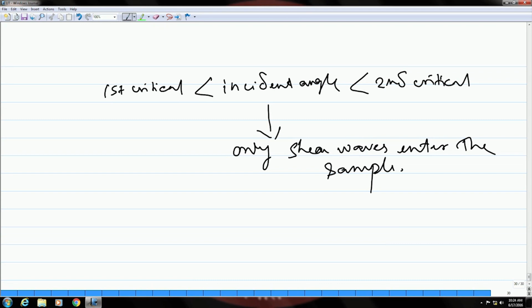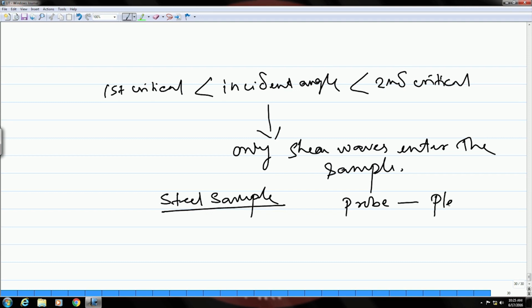So, we will take an example and then see for a particular material what could be that angle. Let us say we have a steel sample, and we are using a probe which has this plexiglass face.